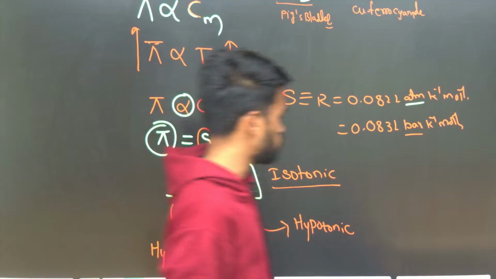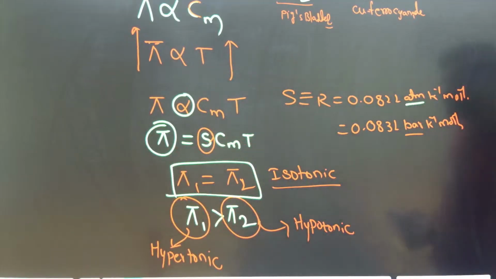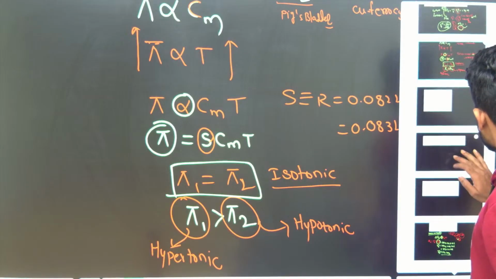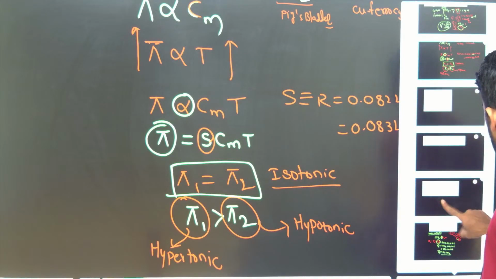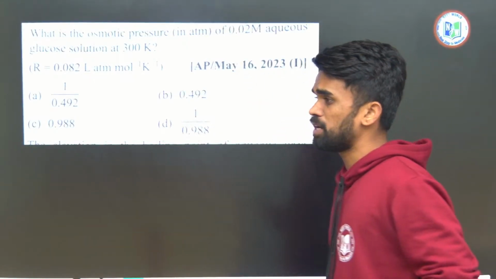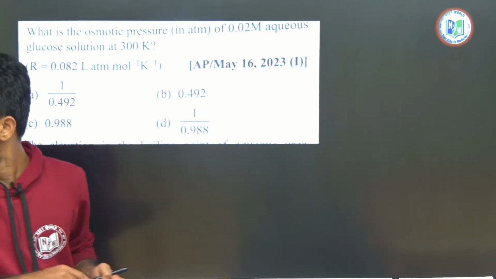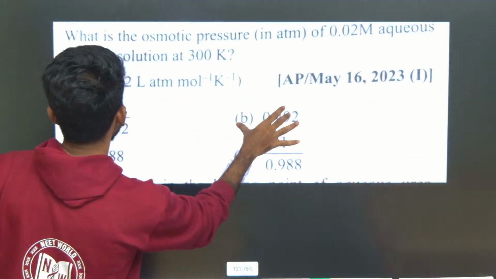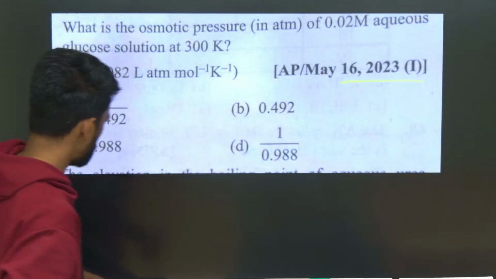Let us see one or two questions so that you will get complete clarity on this osmotic pressure concept. Look at this question. Again, this is from the 2023 EAPCET paper. I hope the question is visible on the screen without any blur. If you want, I can zoom it. Tell me what could be your answer.